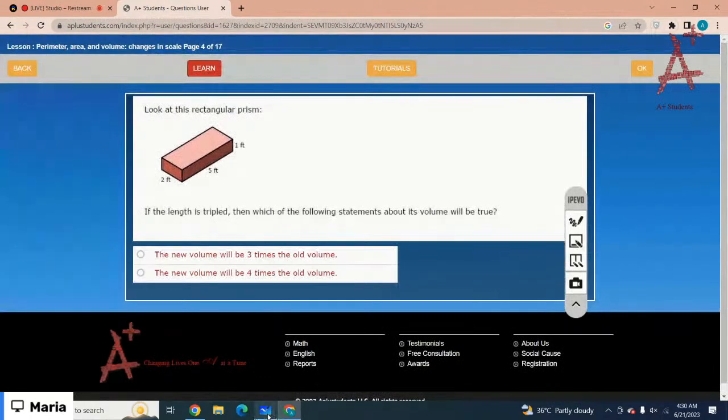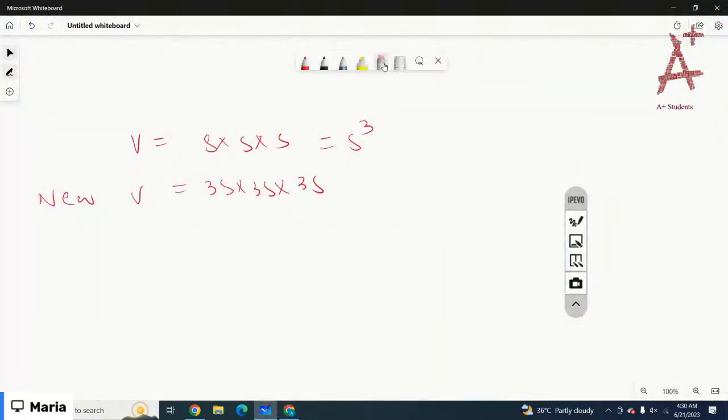Okay, if the length is tripled, not all the sides, the volume is length times width times height. For the new one, just the length is tripled. Got it? The rest of the values are exactly the same.